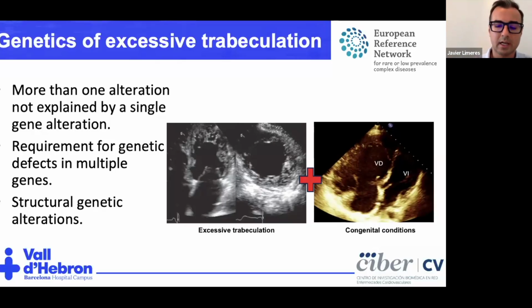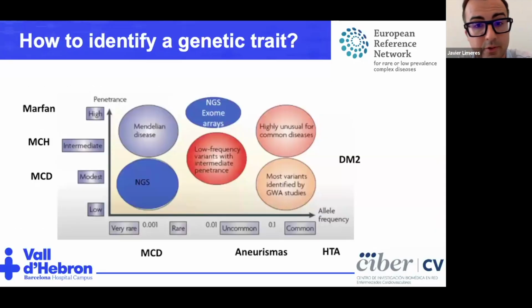If you use a panel test, for example, looking for a punctual mutation, you don't find anything, because sometimes the defects are bigger, in the chromosomes, so you can use other kinds of genetic tests, like, for example, arrays, microarrays, or other techniques. So you can find it with these.